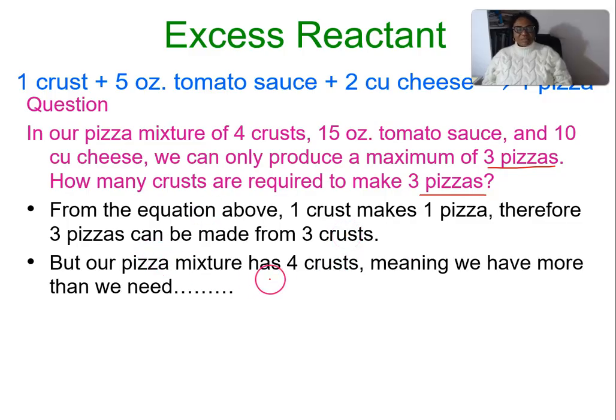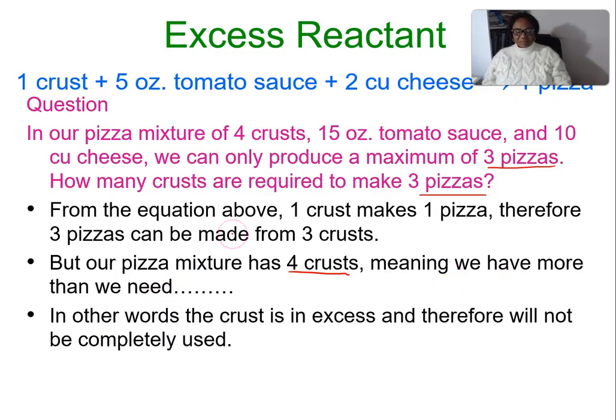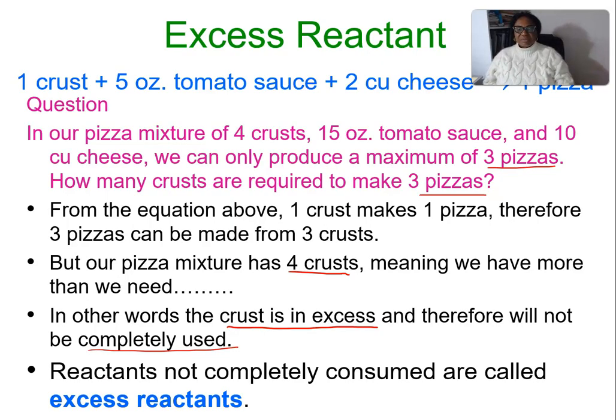Our pizza mixture has 4 crusts, meaning we have more than we need. So in other words, crust is in excess. Therefore, it will not be completely used. Reactants not completely consumed are called excess reagents. That's how we call them.